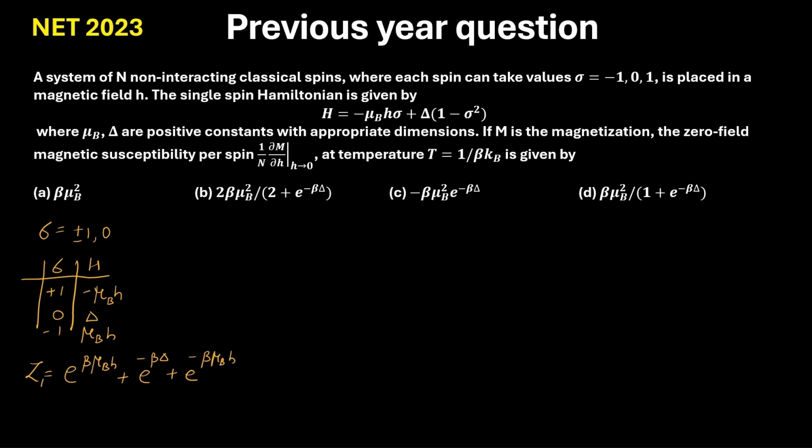So this is the partition function for a single particle. Now what I can do is use these 2 terms and express them in the form of a hyperbolic function.